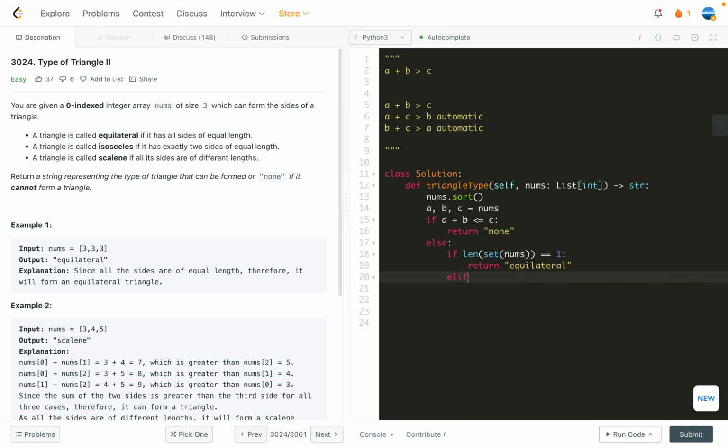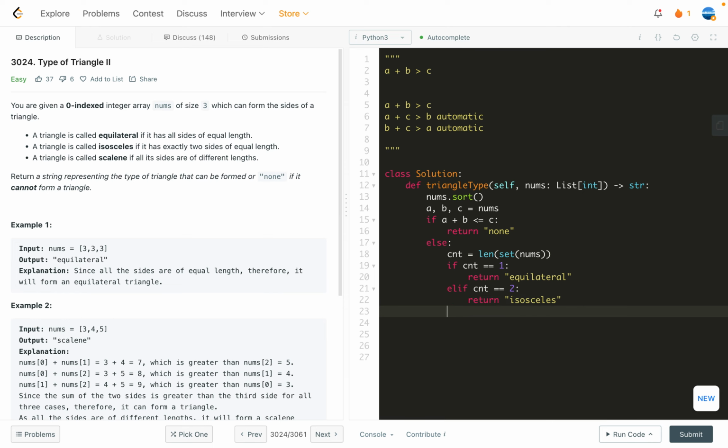Else, let's do something like this. Else if we check the length of this set, we can do something like this. Let's copy this part and count the length of this one. If count is 1, it's an equilateral triangle. If count equals 2, we're going to return isosceles, right?